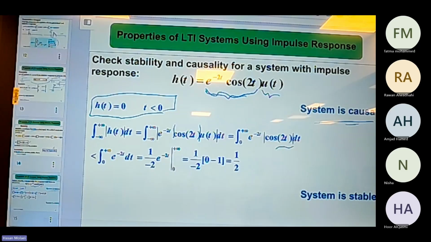Which means if I replace cosine with sine, it should be the maximum value of this function. If the two maximum values are limited, it would be a bounded value. Then calculate the integral, and the answer would be a limited, bounded value. So this is semi stable.